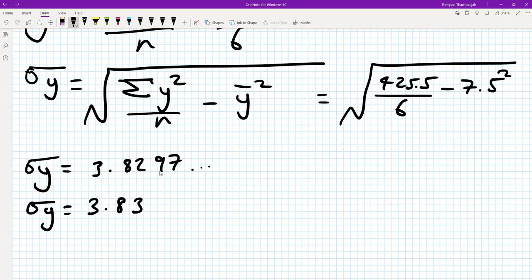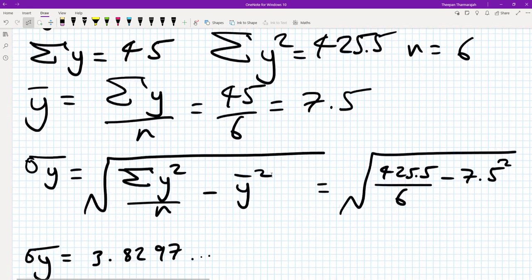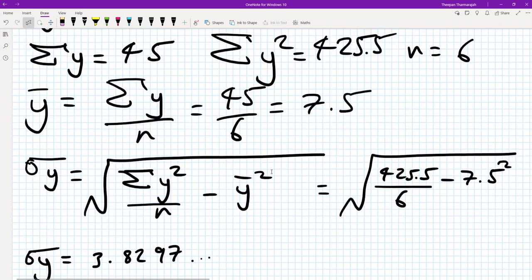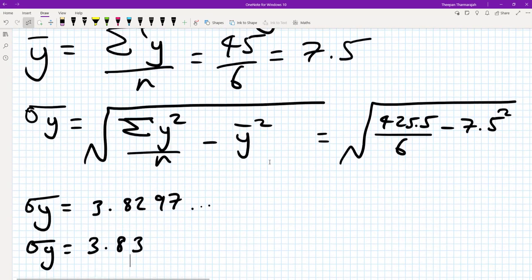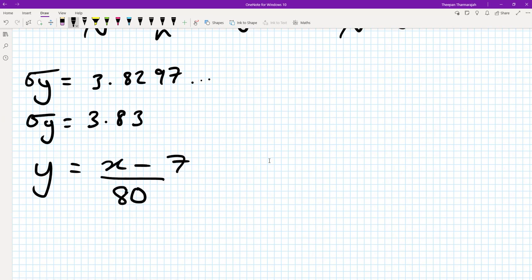So now the next part of the question states to work out the mean and standard deviation of the original data. So let's start off with the equation, which is y equals x minus 7 over 80. So we said that when you've got a question like this for the mean, it's easy. We just change y to y bar, x to x bar.